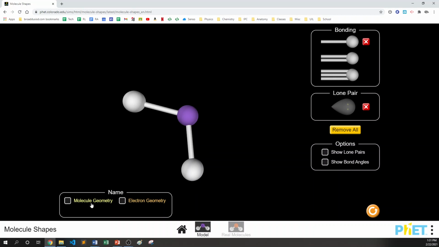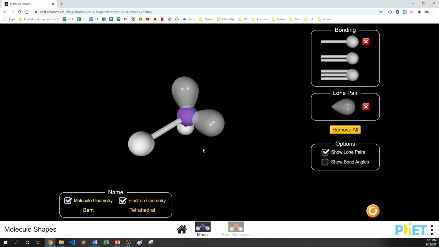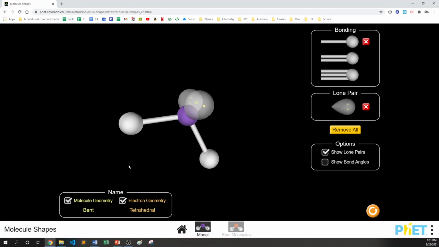It has a shape that is bent because these electron pairs are trying to get as far away from each other as possible. And these are trying to get away from each other as much as possible. And because we can't really see electron pairs whenever you hide them, it gives you a structure that is bent. And if you show the angle, this is 109.5 degrees.